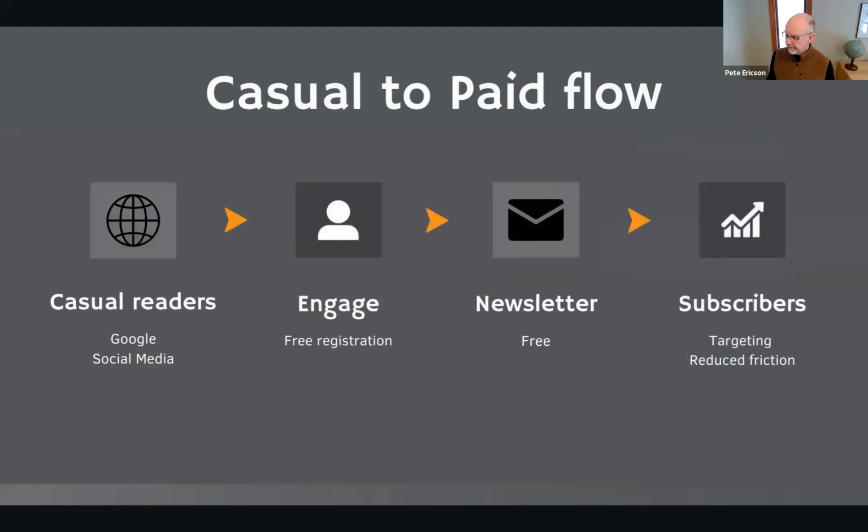So here's the flow, the way that it actually breaks down. You have the casual readers coming in from Google and social. And what you do is you offer a free registration, just as Steve mentioned earlier. Let me back up 1 second. With a metered paywall, I just want to say a word about the metered paywall.